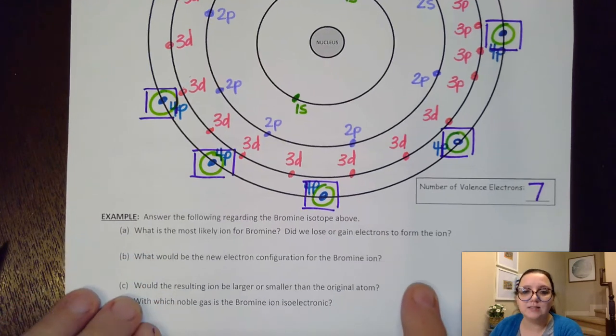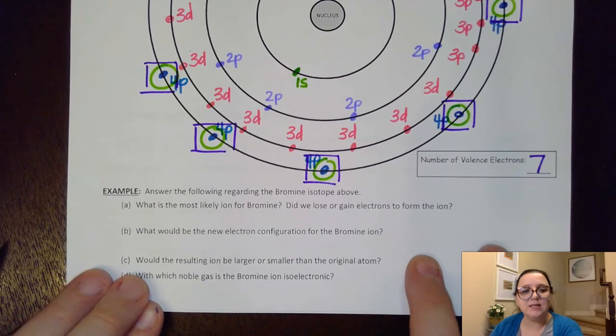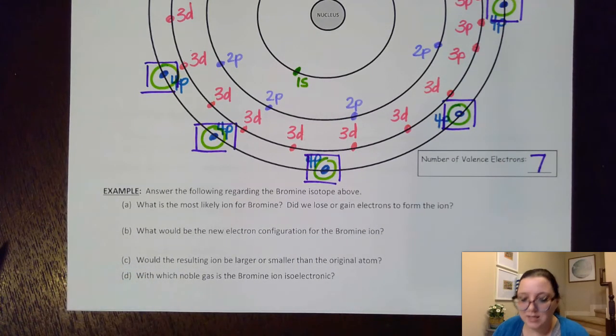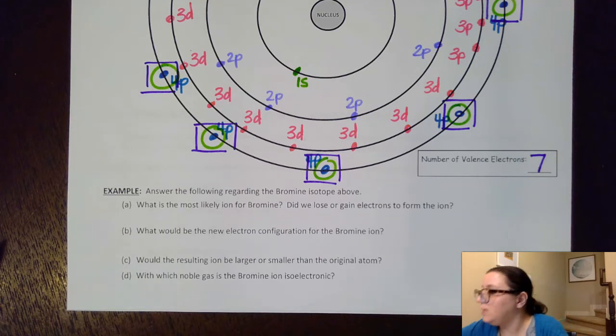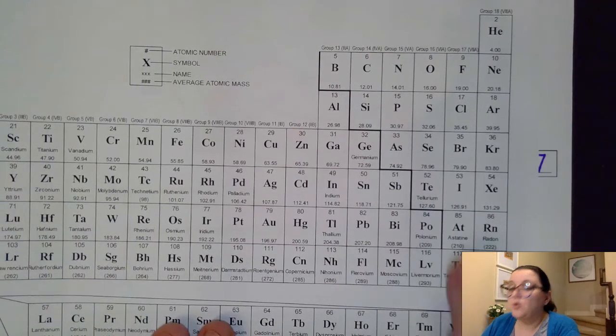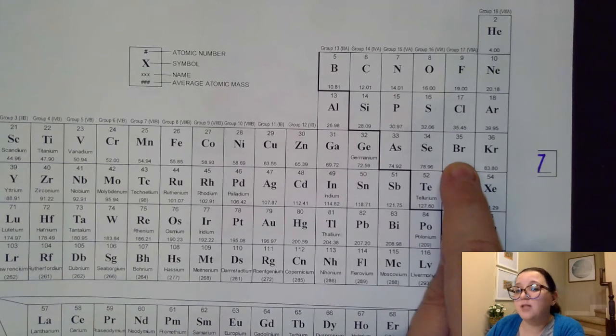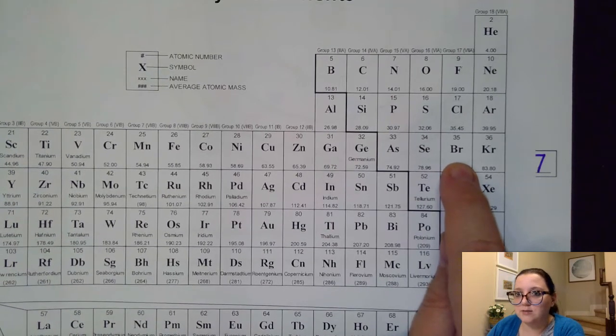All right, so now they ask us some additional questions. It says, what is the most likely ion for bromine? And did we lose or gain electrons to form that ion? Well, let's think about bromine's placement on the periodic table. Bromine is a nonmetal. Do nonmetals like to lose or gain electrons? And if you have forgotten, think about looking like a noble gas. Remember, if we are having to predict the charge of an element, more than likely it's going to end up looking like a noble gas.